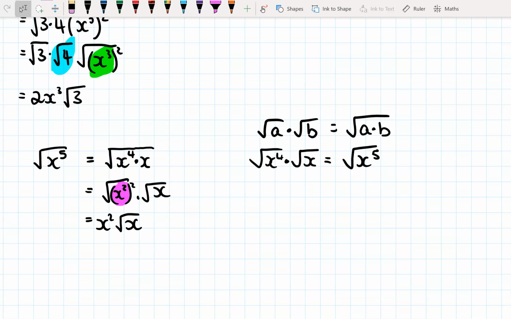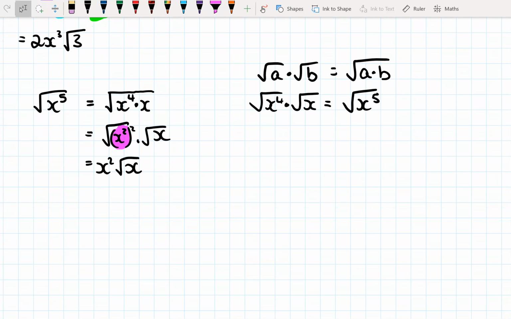All right, so if you have an uneven one, you need to factorize out 1x first. So for example, the square root of x to the power of 11, we're going to rewrite that as the square root of x times x to the power of 10.